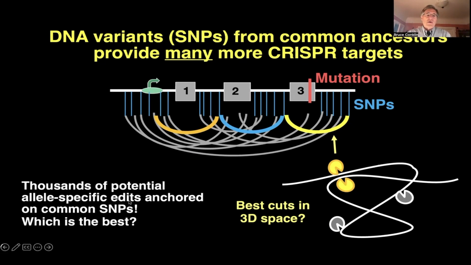And these SNP anchored edits, we have many to choose from, but we can actually choose which ones are the best. And you might think it's obvious which ones are the best, but in fact, it involves things that we really don't understand, and we have to test experimentally.